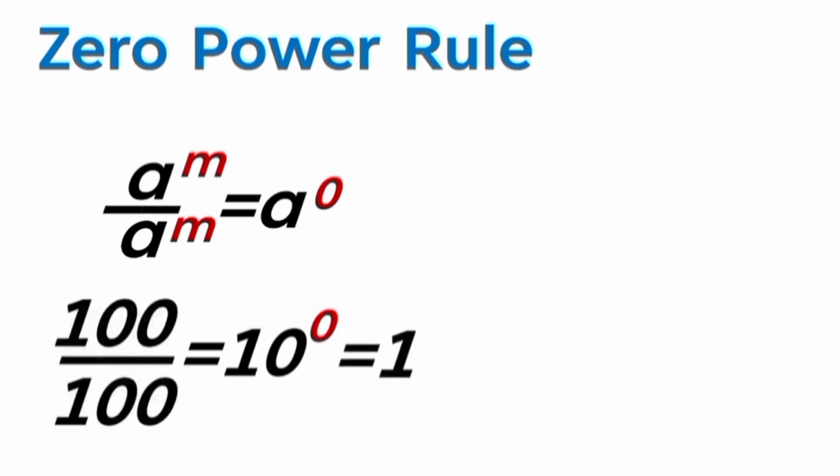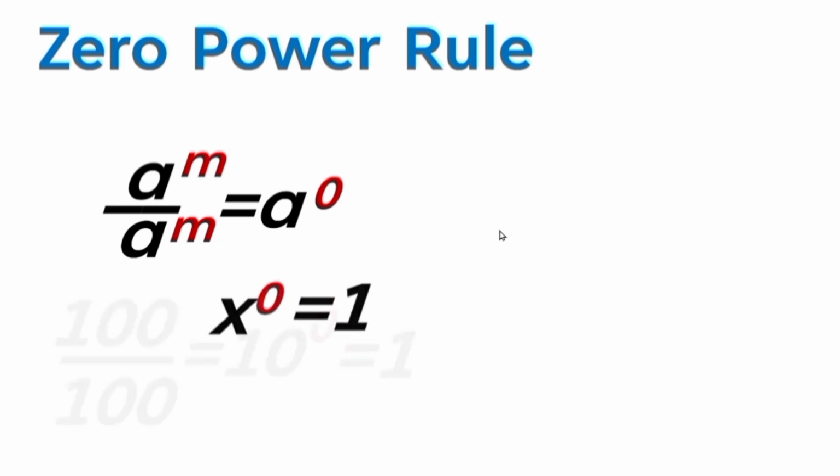And 10 squared is 100, so 100 divided by 100 is equal to 1. This is how to prove that a to the power 0 is equal to 1, and x to the power 0 is equal to 1.